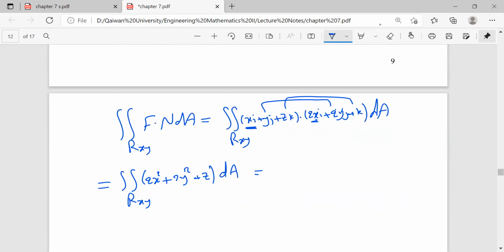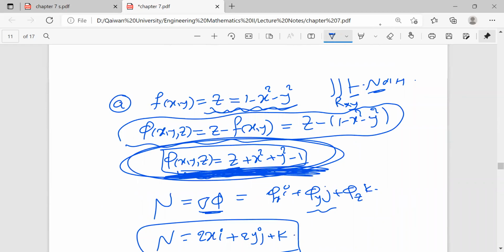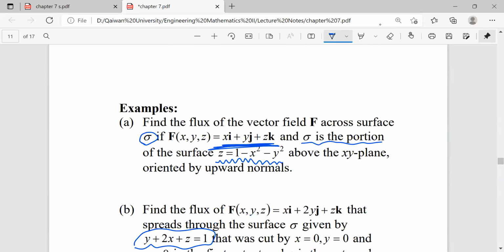z is a function of xy. Since we have double integration, we must have only two variables in the integration. But z is given as a function of xy. As you see in the example, z is 1 minus x squared minus y squared. So you replace z by 1 minus x squared minus y squared.